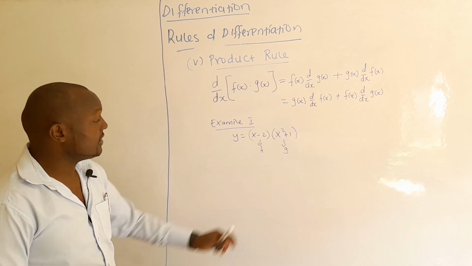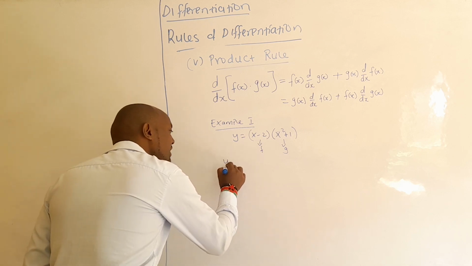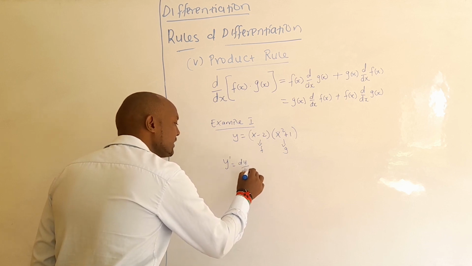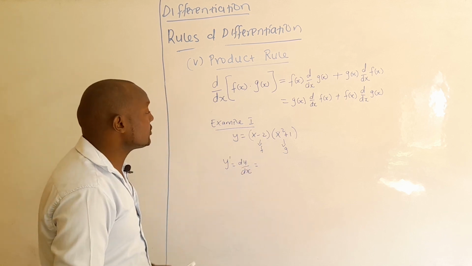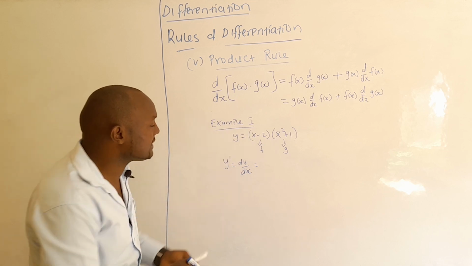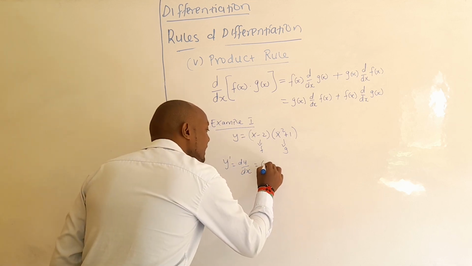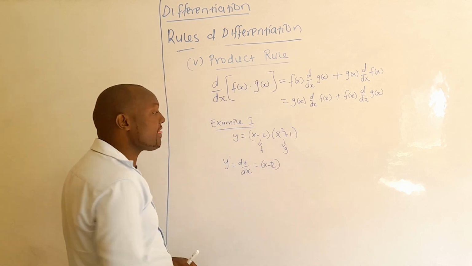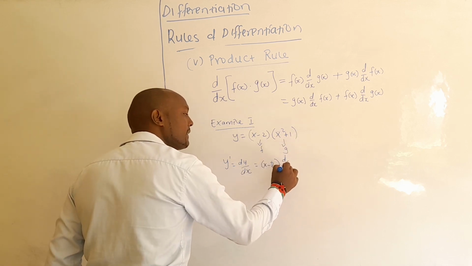So, when I want to get the first derivative, or what we call change in y over change in x, the gradient, you treat this one constant. So I'll treat x minus 2 as constant, then I differentiate this one.